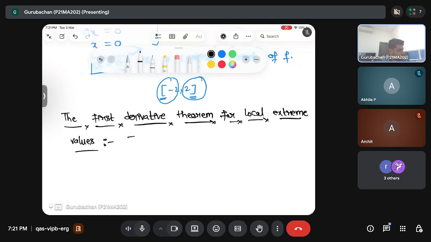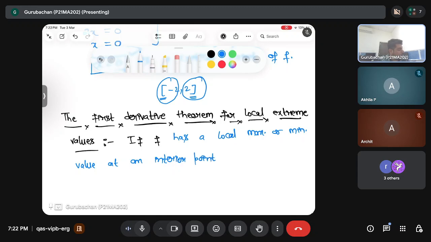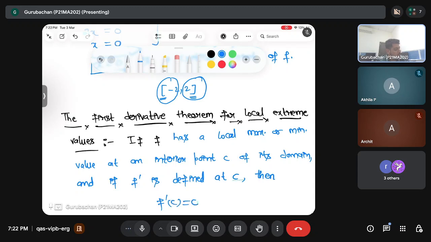This states that if f has a local maximum or minimum value at an interior point c of its domain, and if f dash is defined at c, then only we say that its derivative at c is 0.